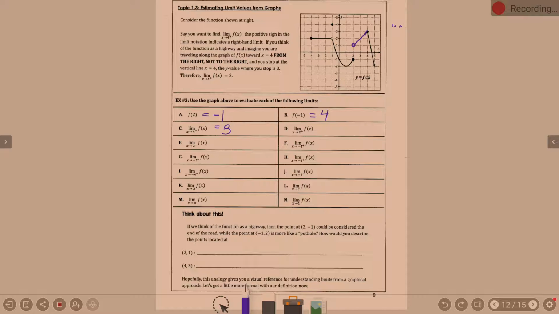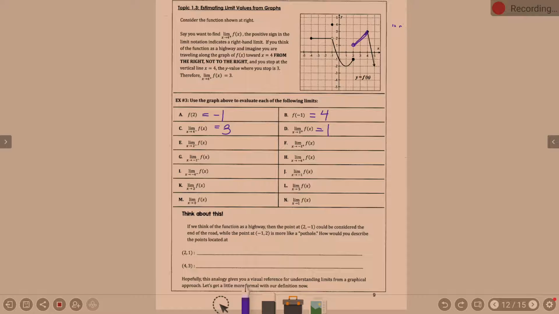And as we get closer to that side, it's leading us to this point here, which is 1. Okay? So a limit can be an open circle. It doesn't have to exist at that point, it just has to approach that point. Are we all clear on that one? Okay, let's try the next.